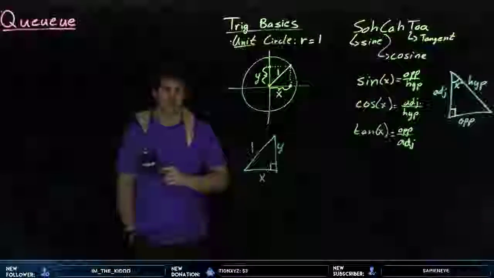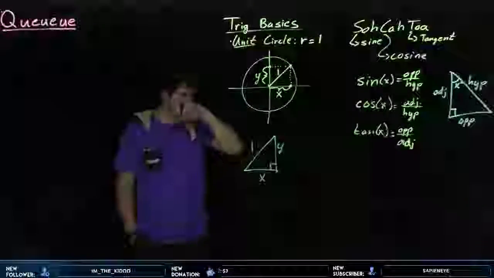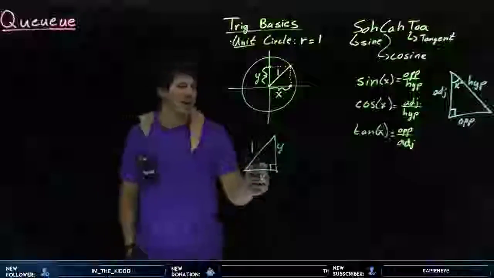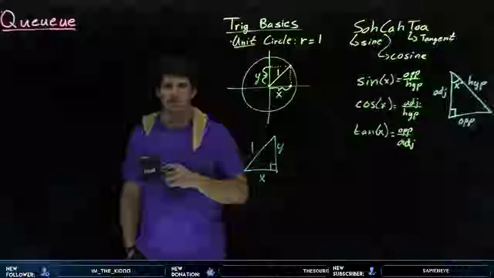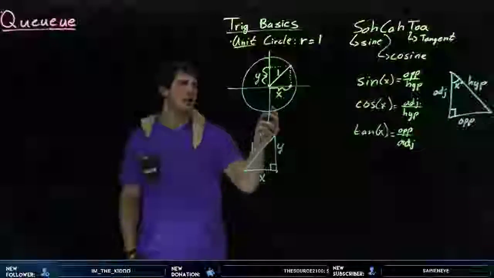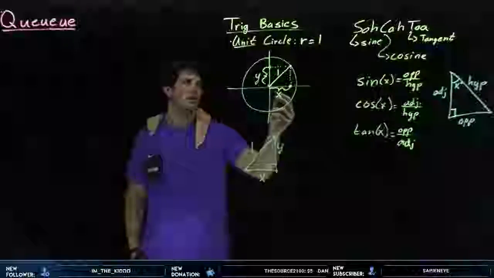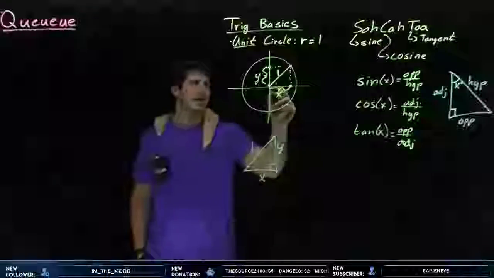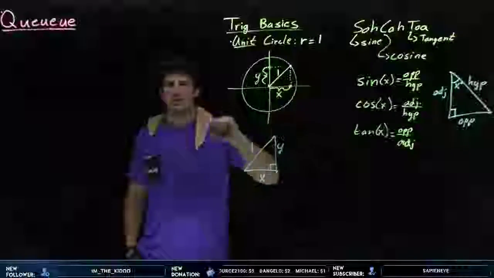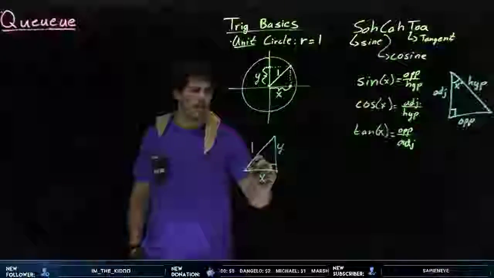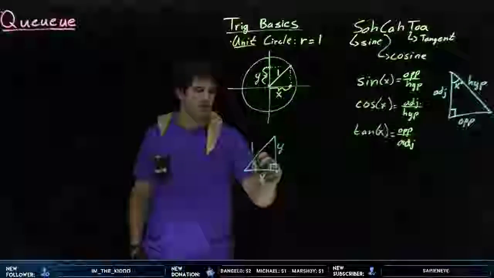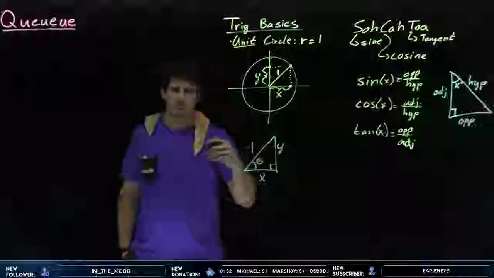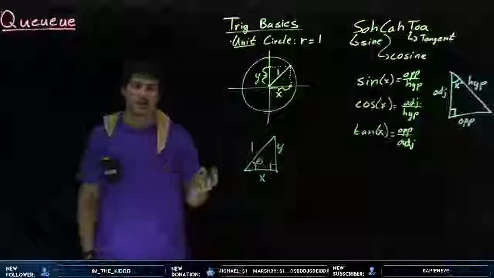All right? Now, if I wanted to find this value for x, I can actually think of this as the cosine of this angle. It's going to give me that value, and I will prove that. So let's do it here. I have some angle here, theta. Doesn't matter what it is. It's just another variable that's not x and y.